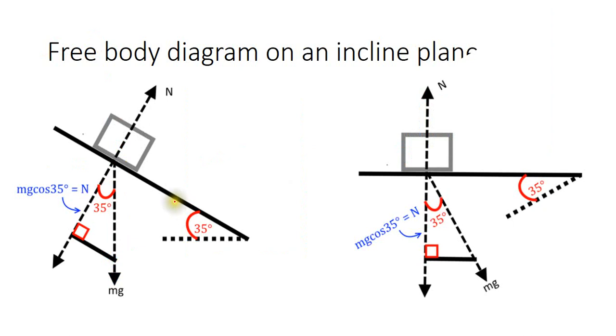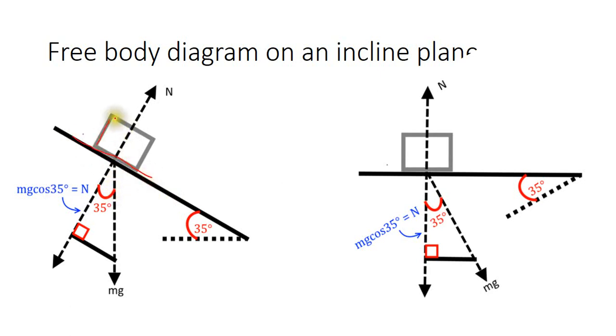Now there's something important, because we're going to come across inclined planes and objects sitting on an inclined plane. One of the things we have to note and remember is that the weight of an object, irrespective of the position it is in, is always acting vertically downwards, no matter what. Imagine this box is on this inclined plane.